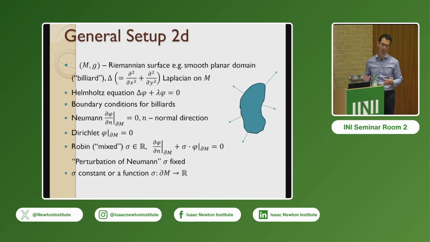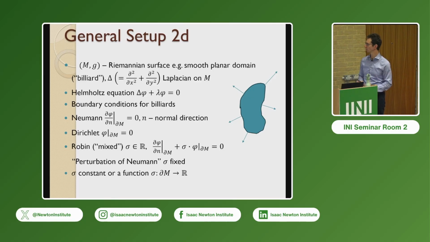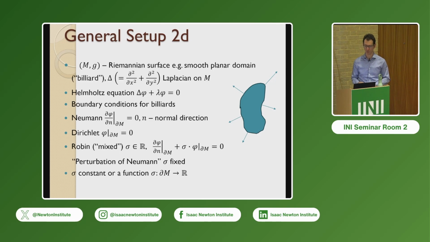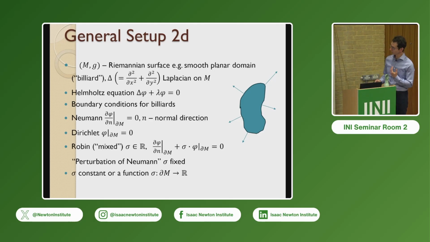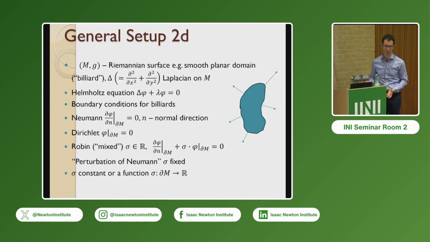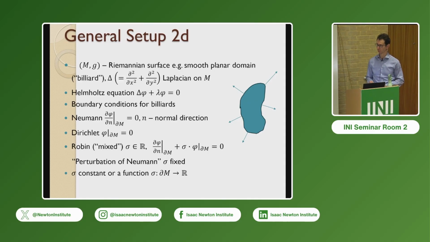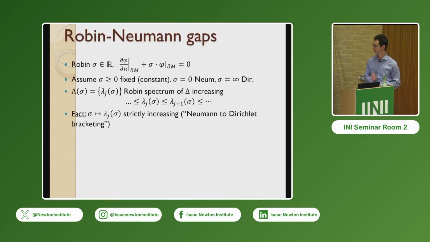For sigma equal to 0, this is precisely the Neumann boundary condition. And for sigma any positive number, we think about it as a small perturbation of the Neumann operator. But in fact, sigma doesn't even have to be a number. It could be any function on the boundary, and we can think about it still in the same way as a small perturbation of the Neumann Laplace operator.